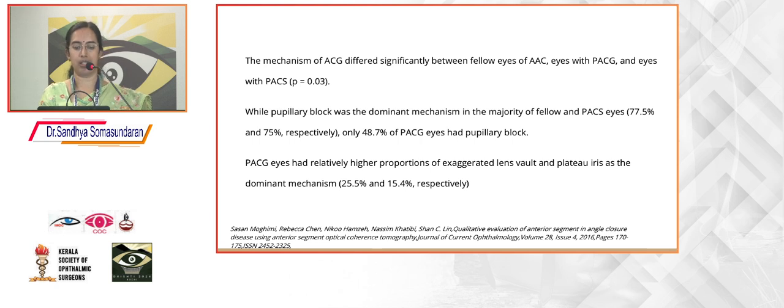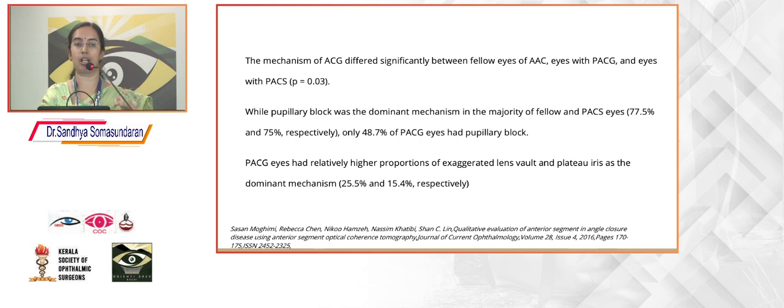So among the study, it was noted that the mechanism of angle closure glaucoma differed significantly between fellow eyes of acute angle closure, eyes with PACG and eyes with PACS. While pupillary block was the main dominant mechanism in majority of the fellow and PACS eyes, only 48.7% of PACG eyes had pupillary block.